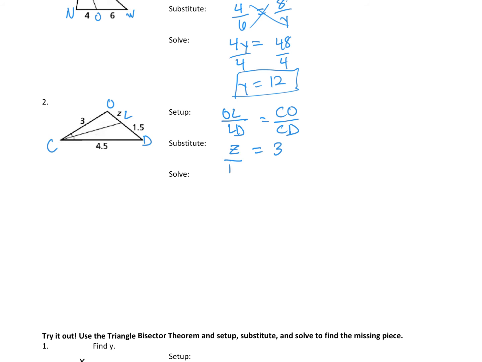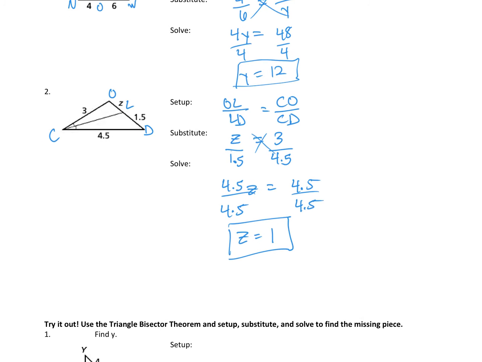LD is 1.5. CD is 4.5. We'll cross multiply that like so. That gives us 4.5Z equals 4.5. We divide both sides by 4.5. Z must equal 1.